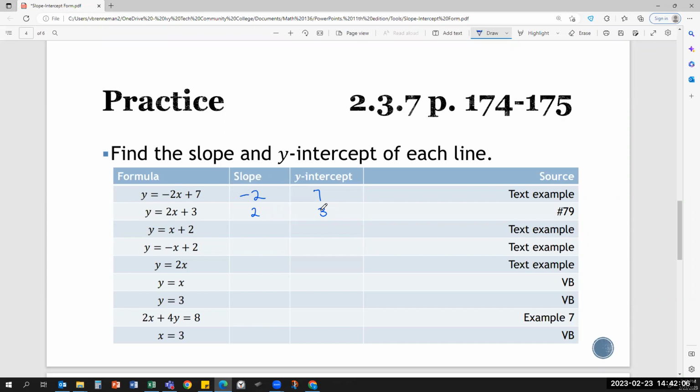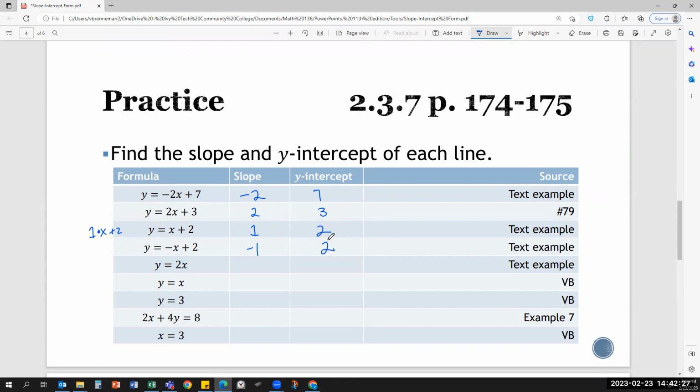We have a slope of 1, because this would be 1 times x, but the 1 just didn't have to be written. Y-intercept 2. Negative x plus 2 is a slope of negative 1 with a y-intercept of 2.